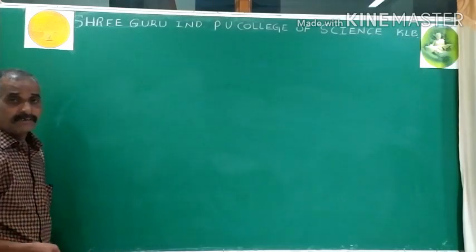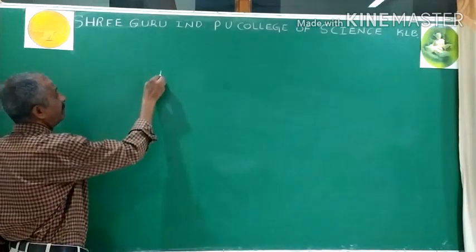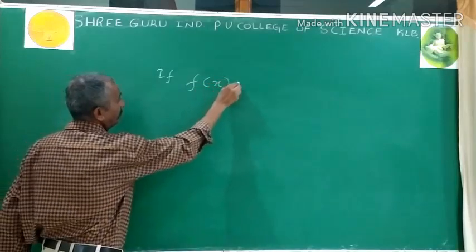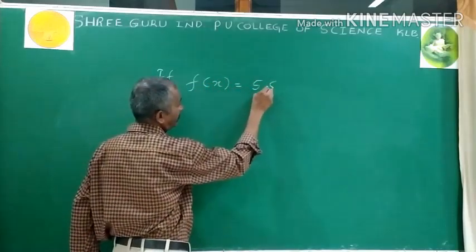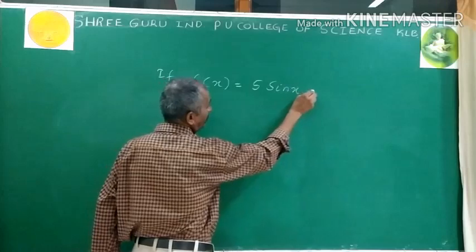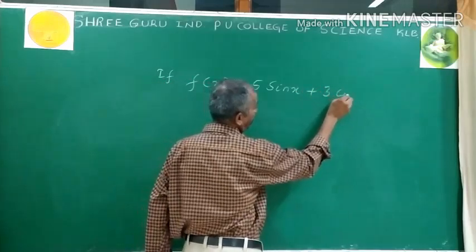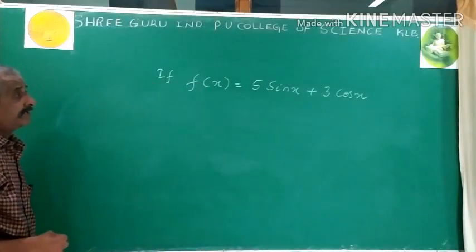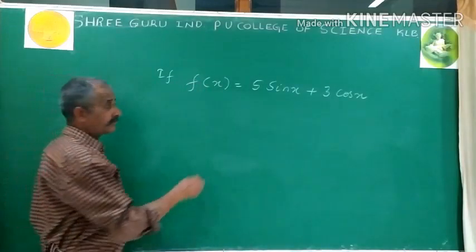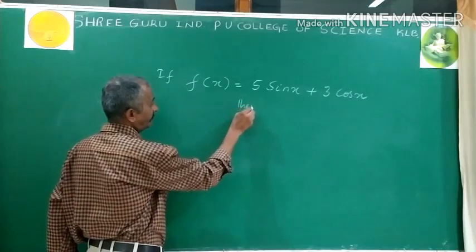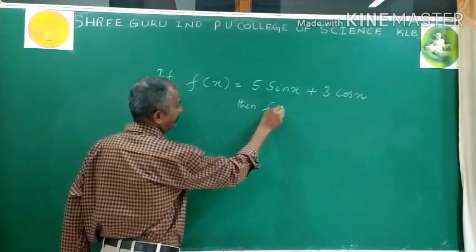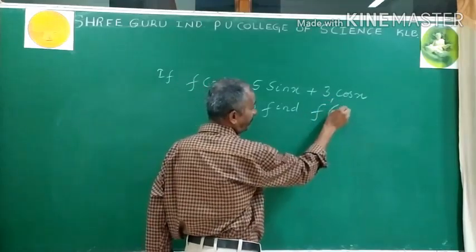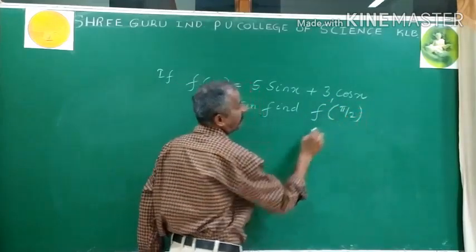Right, next have another example. If f of x equals 5 into sin x plus 3 into cos x, then find f dash of pi by 2.